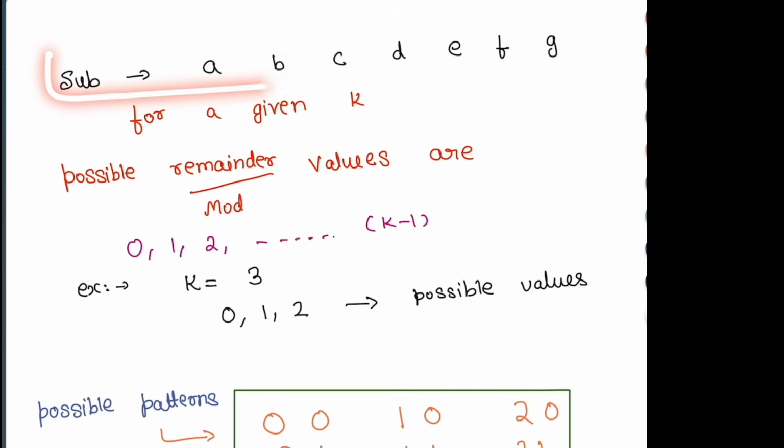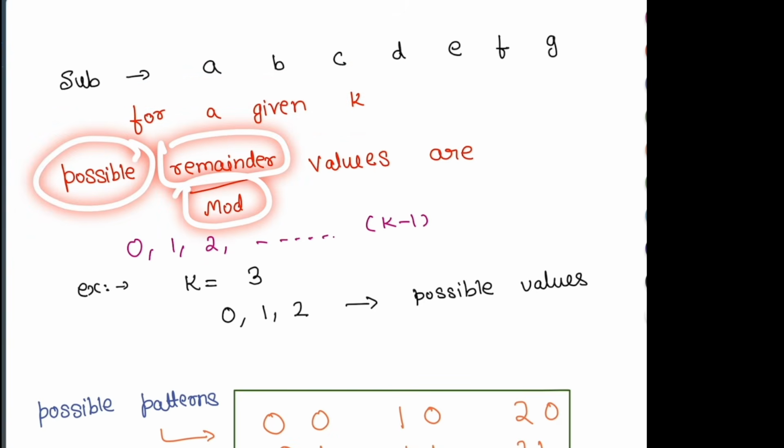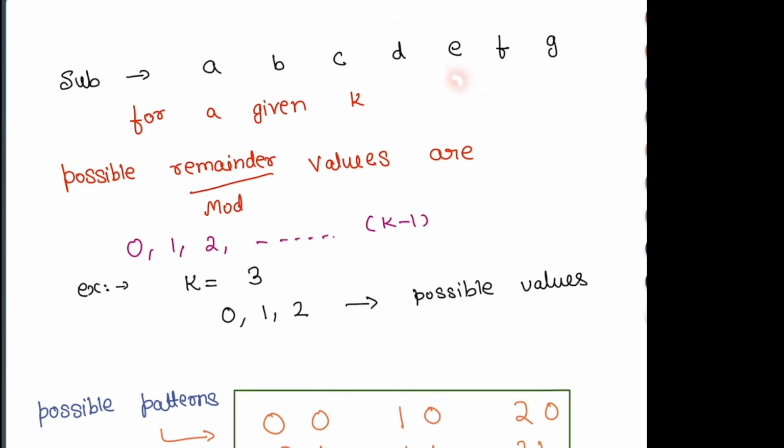So let us say this is our subsequence. For any given value of K in my input, the possible remainder or mod values, when I say remainder or mod values, what I am saying is A mod K, B mod K, C mod K, D mod K, E mod K, F mod K, G mod K. Whatever values are possible for a given value of K are going to be 0, 1, 2 up to K minus 1.